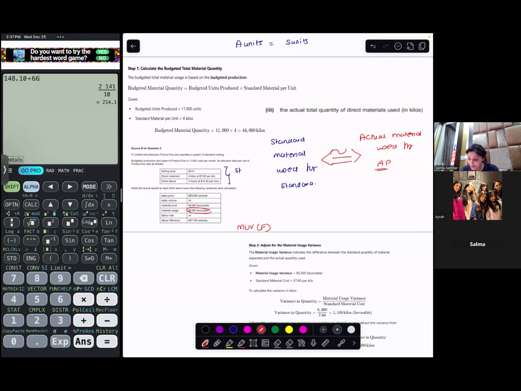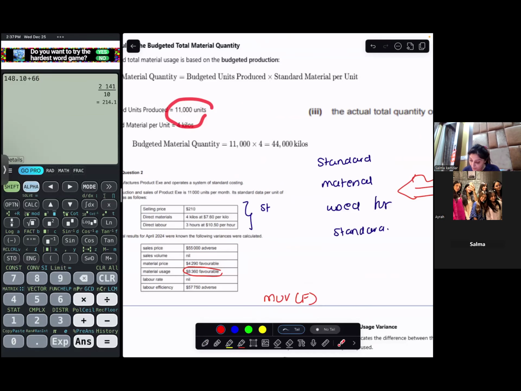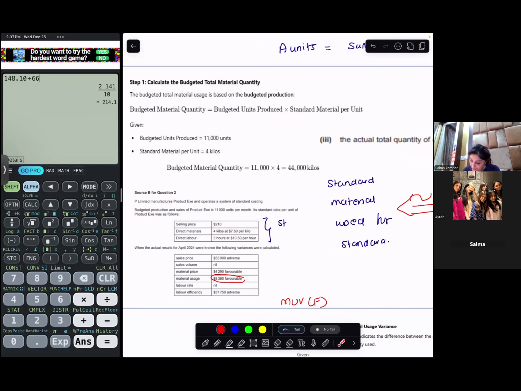Now let's check the standard material used for standard production. What was the budgeted number of units? 11,000. What is the standard material that you have used? 4 kilos per unit. So standard material used for standard production is 44,000 kilos.